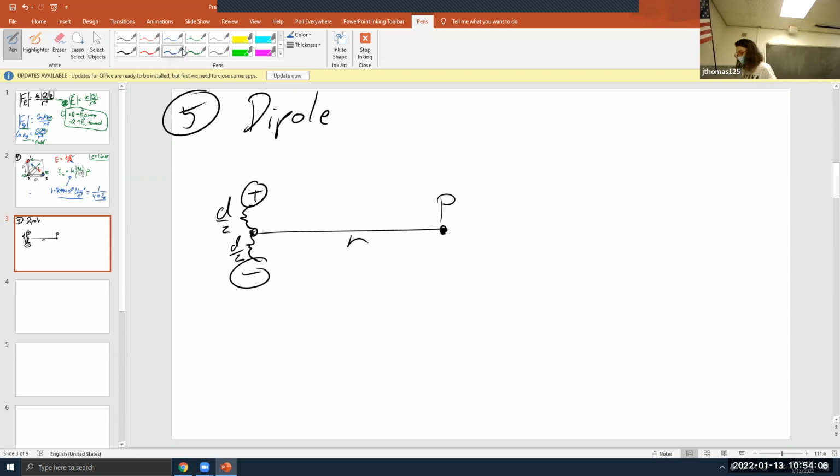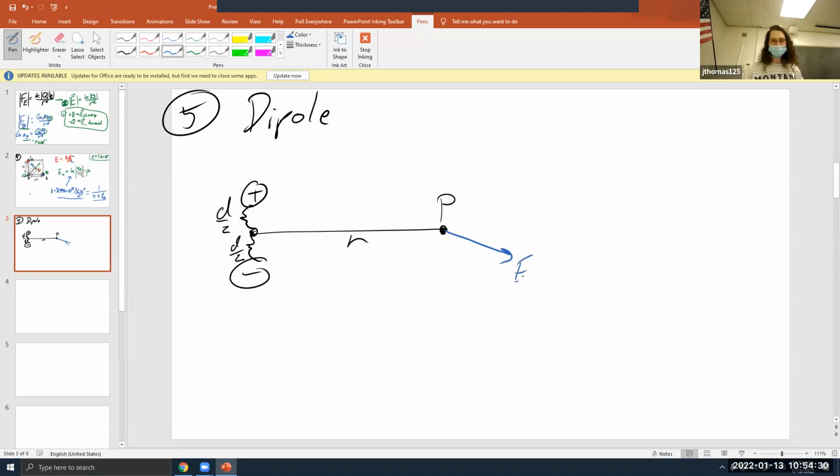Now, again, as we did before, we'd like to look for symmetry. And just as we did before, we're going to draw the diagram and see if any symmetry pops out. So we'll start with the positive charge. We know that for the positive particle here, the electric field is going to point away, which means down at point P, you're going to have sort of down to the right.